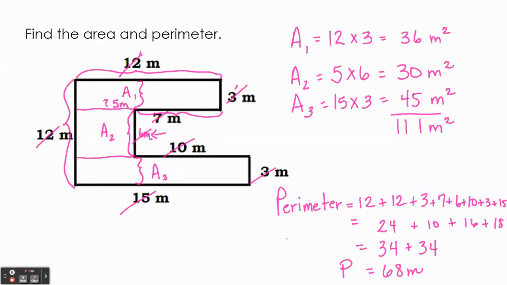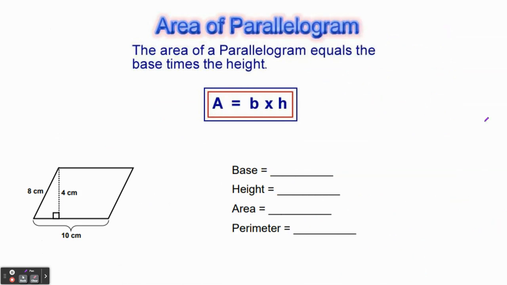Now, I want to look specifically at the area and perimeter of some shapes. So let's take a look. First, let us begin with the area of a parallelogram. You can see that the area of a parallelogram is the base times the height. The height is kind of tricky here because the height has to make a right angle, a 90-degree angle.